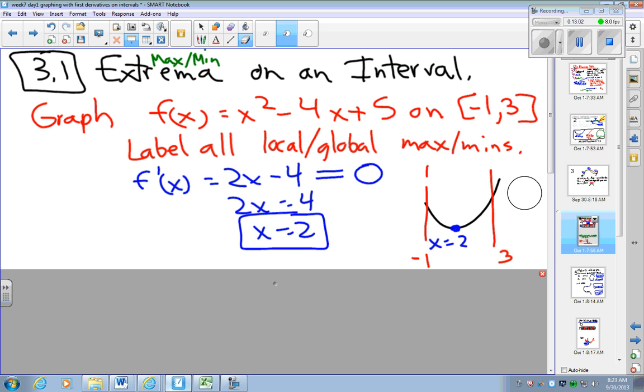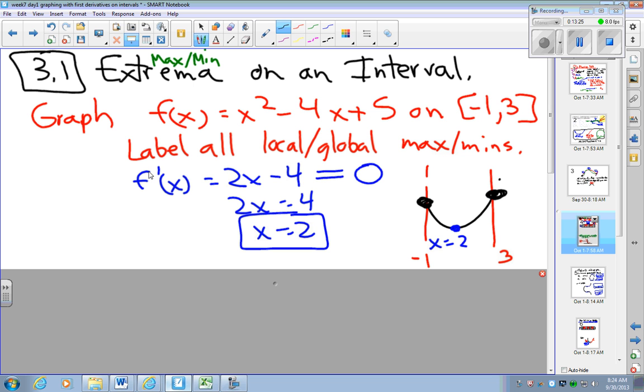And right when you cut it off, what have you created? You've created another possible max and another possible max because you cut things off. So there's definitely some high points and the low point. We found the low point. And I know the high points are at -1 and 3, but I want to see where they are.